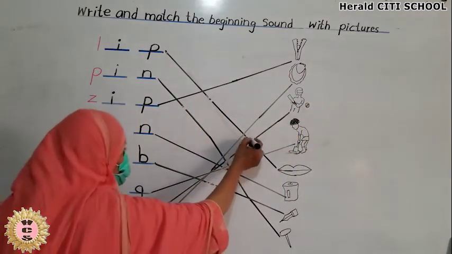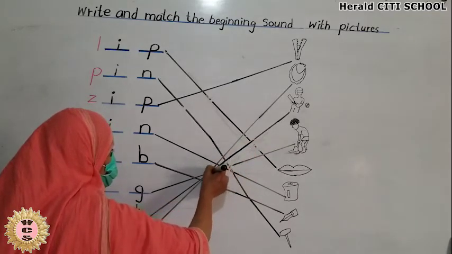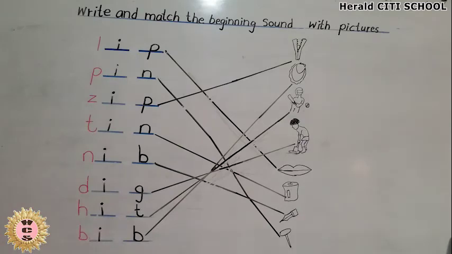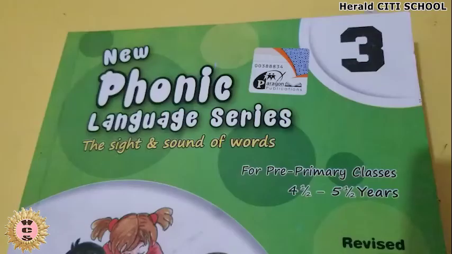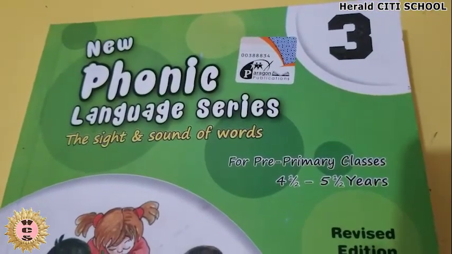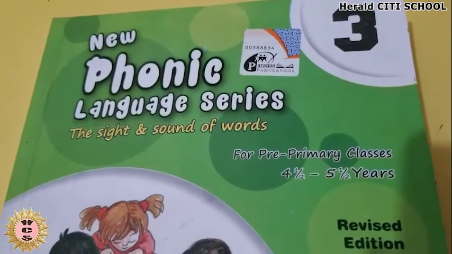I hope, children, you will understand how we can match the beginning sound with their pictures. You will do this work at home with the guidance of your parents. Children, this is your Phonics Language Series 3, the book of PLS.